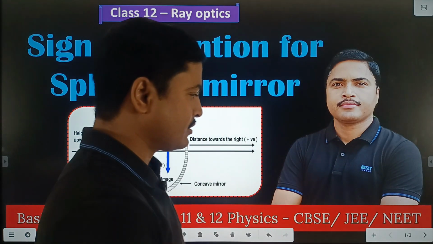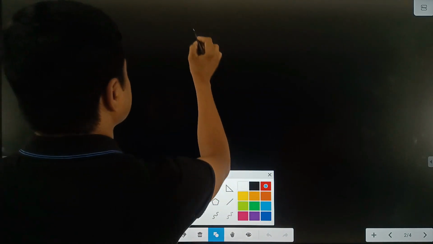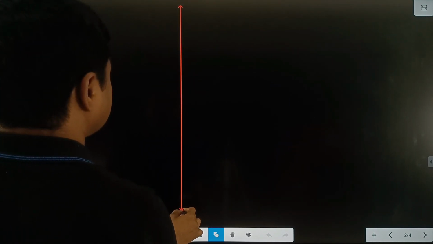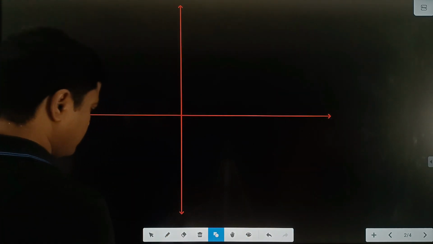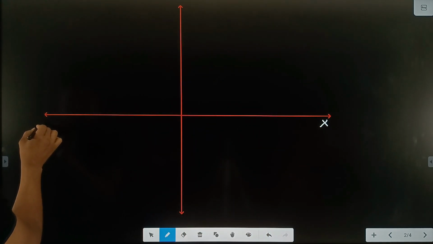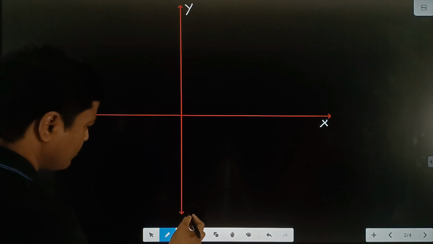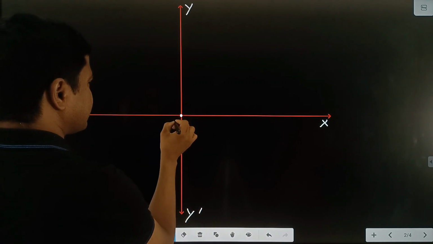Clear? So for sign convention, first we take a Cartesian coordinate system. This one is your y-axis and this one is your x-axis. Two axes are there. For the x-axis we write X prime, and for the y-axis we write Y prime, and this point is the origin or starting point.